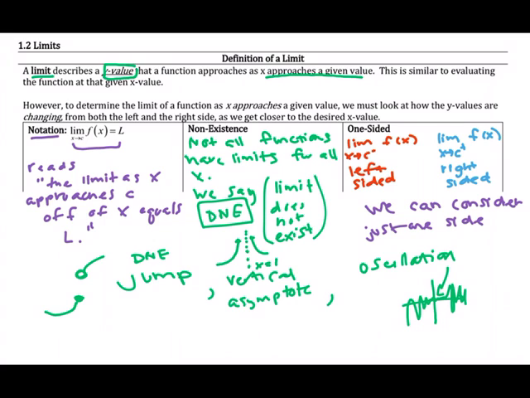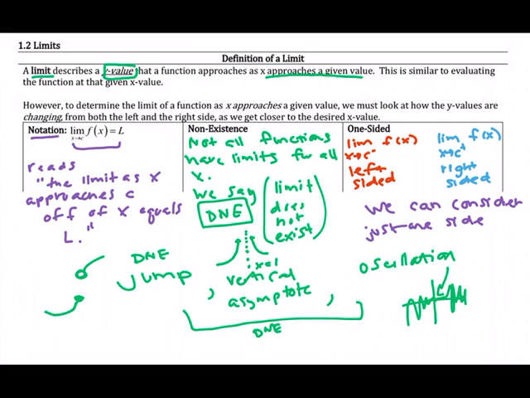If you just typed it into Desmos and then tried to get really, really close to 0, it's hard to tell what's happening. It's almost like the graph is jumping around. So that would be an oscillation. And all three of these reasons, a jump, a vertical asymptote, and an oscillation, are reasons that a limit would not exist at a particular x value.